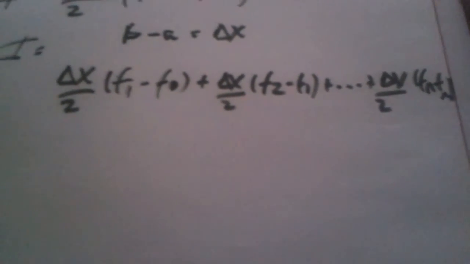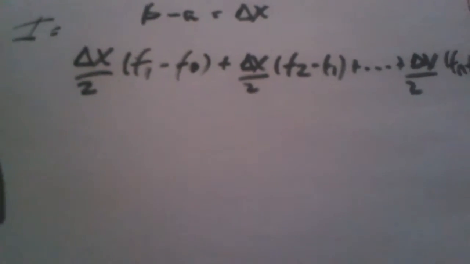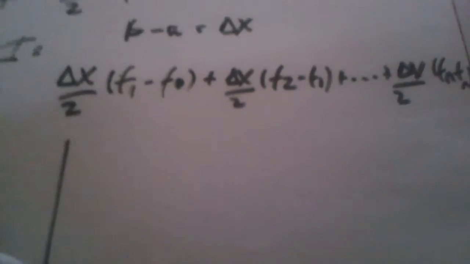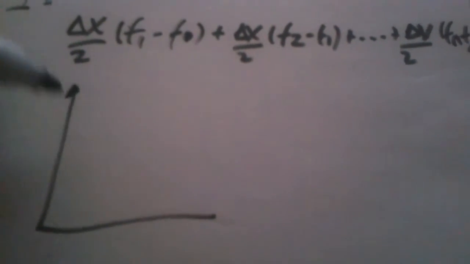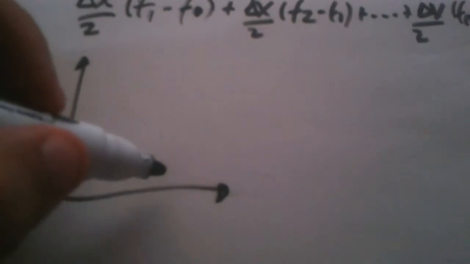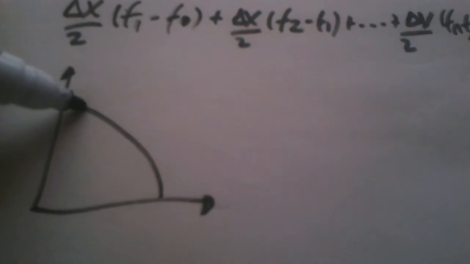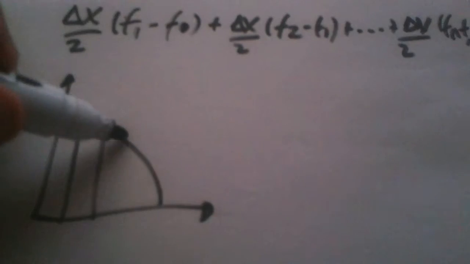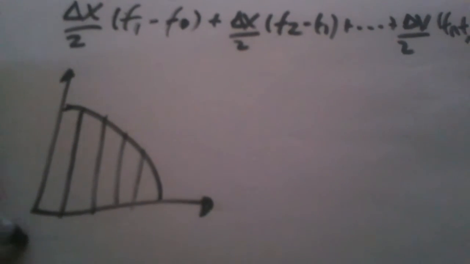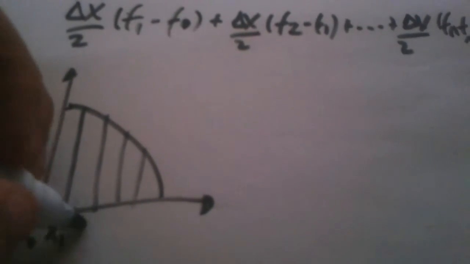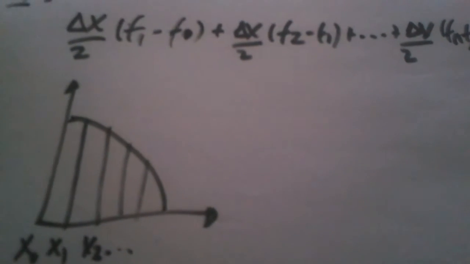Okay, there's not much space there, so let's draw it again just to make it clear. We have x0, x1, x2, and so on.